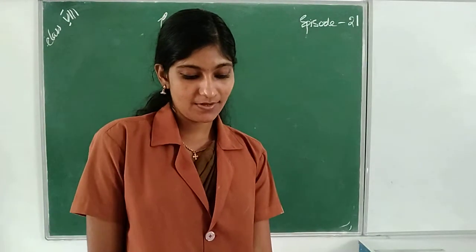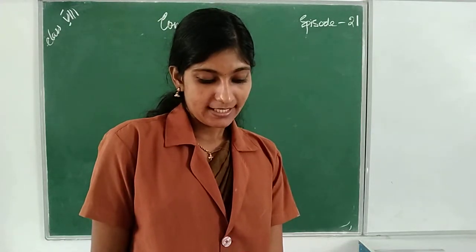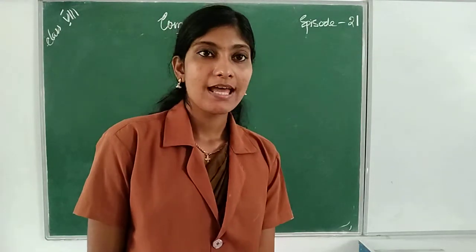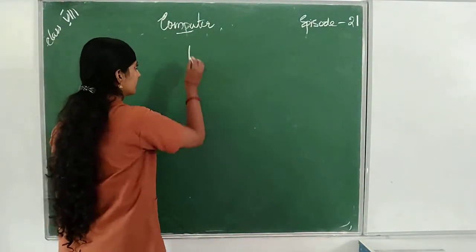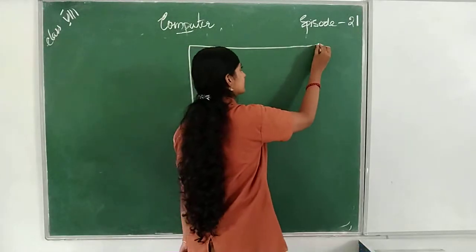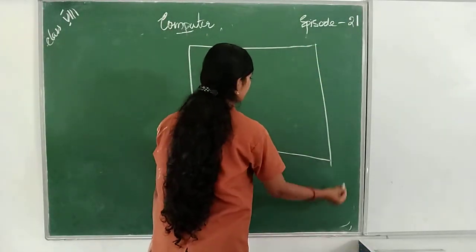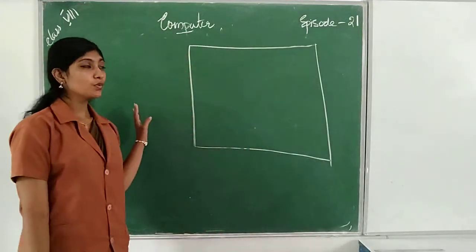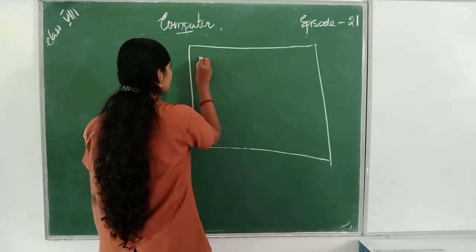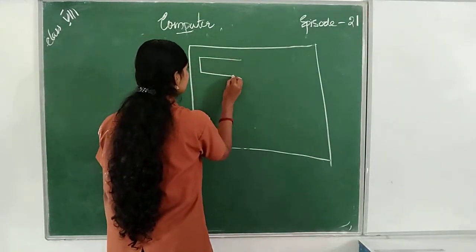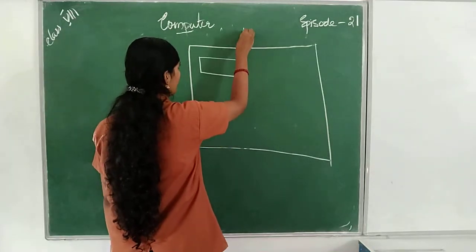First we have to create a form. This is our form, and we need to place two labels. This is the first label, Label 1.